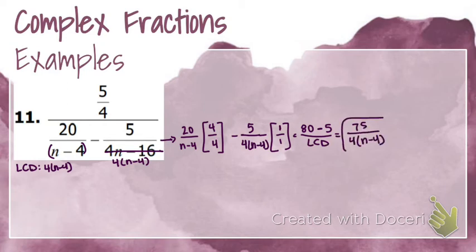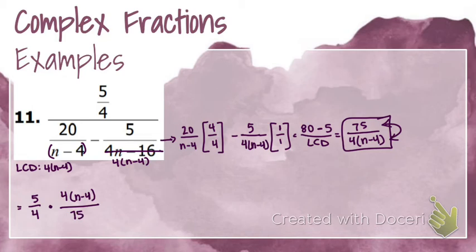So this is our new bottom fraction. Okay, it's our new denominator. So we will now rewrite as multiplication. So we have 5/4 times, and then this one's on the bottom, so we're going to switch those two. 4 times n minus 4 over 75.